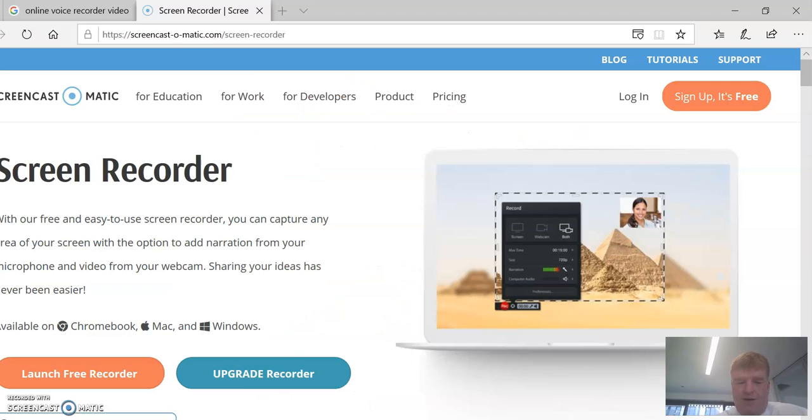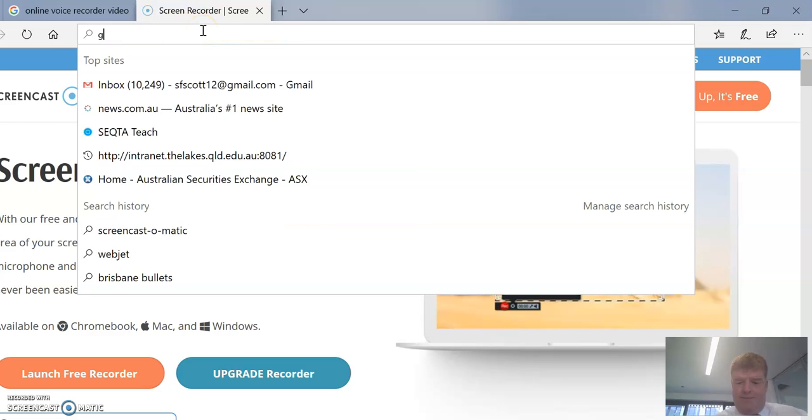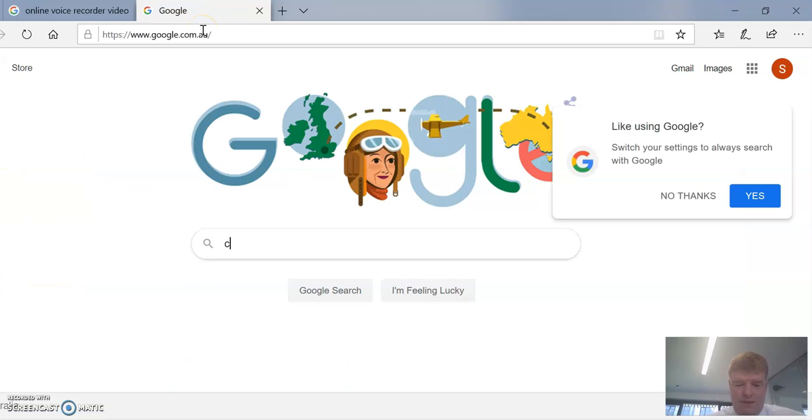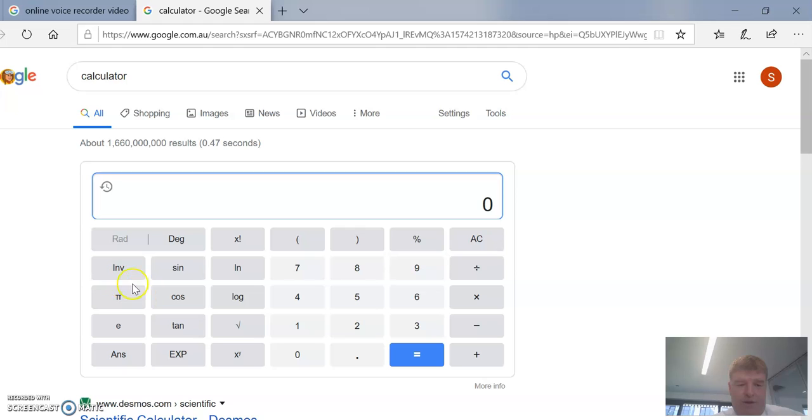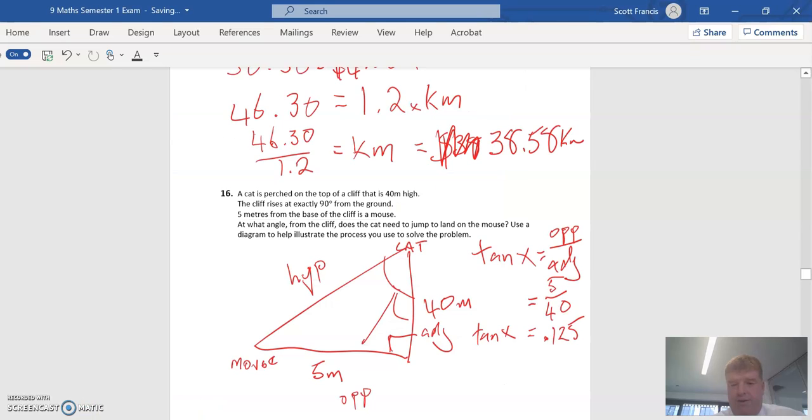So if we now go to a calculator, it's got to be in degrees mode, we use the inverse tan of 0.125, and it equals 7.13 degrees. So x equals 7.13 degrees.